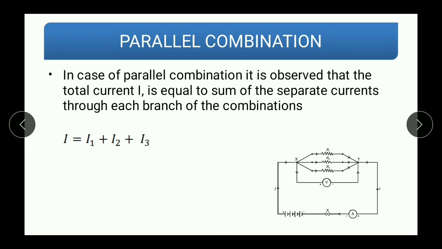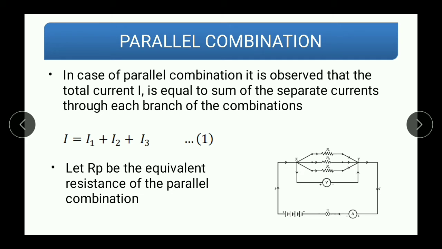So if I is the total current, then it is equal to I1 plus I2 plus I3. What is I1? Current flowing through resistor R1. What is I2? Current flowing through resistor R2. And what is I3? Current flowing through resistor R3. So total current is the sum of all these 3 currents. Let this be equation 1.